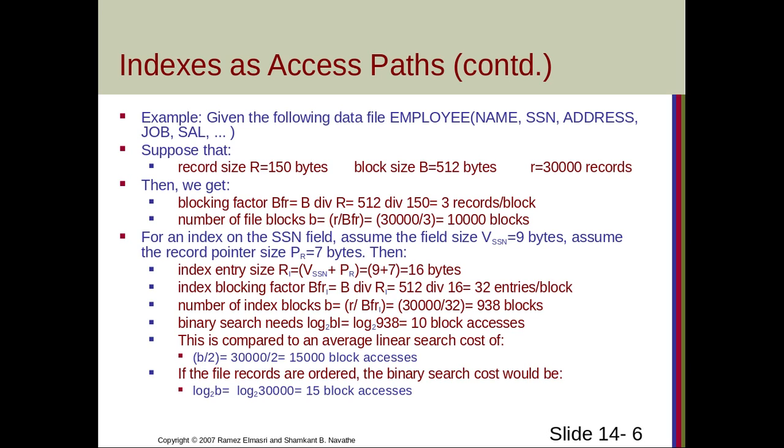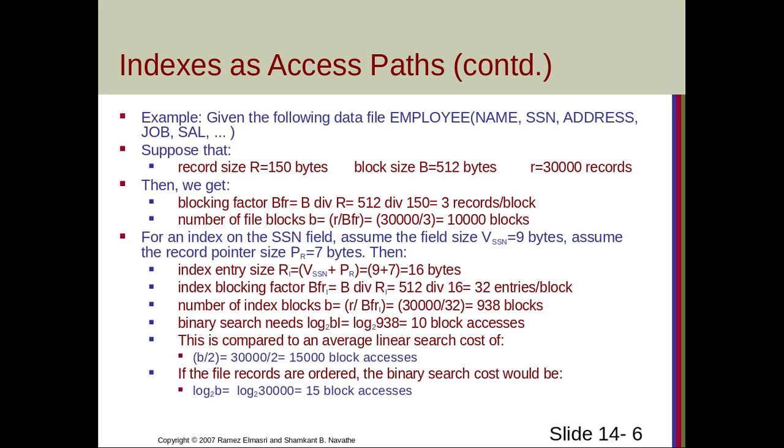Assume that the field size V_SSN, that means the value of that, is 9 bytes, and assume that the record pointer size, that means the pointer to the block or to the record in which it resides, is 7 bytes. A total of 9 plus 7, 16 bytes, are there for an index entry.